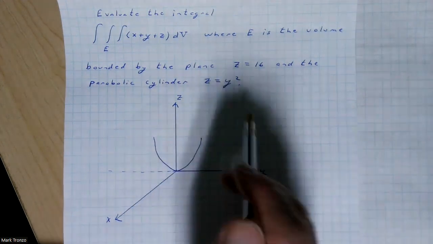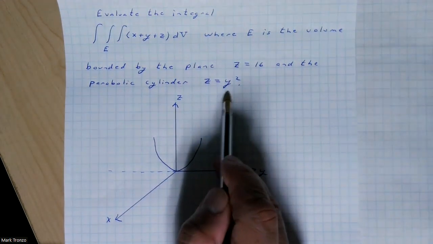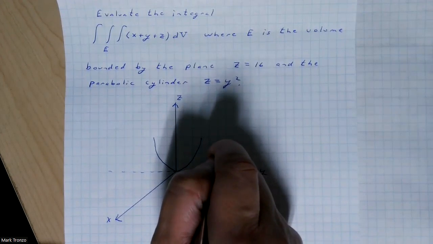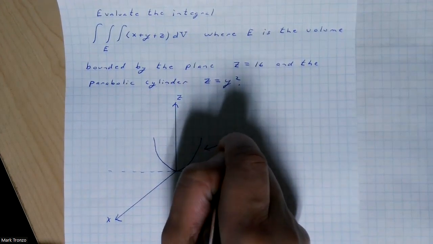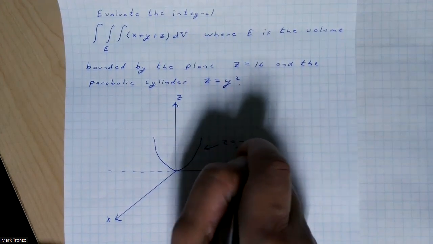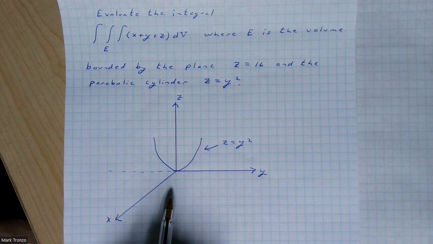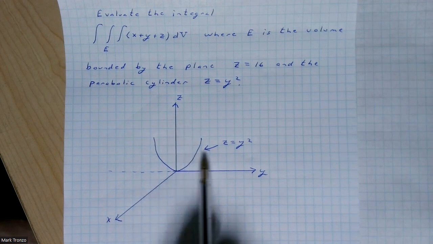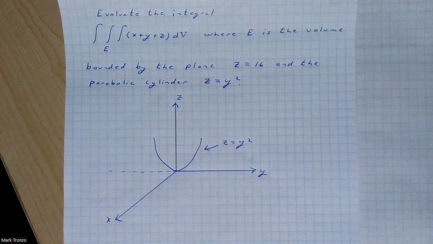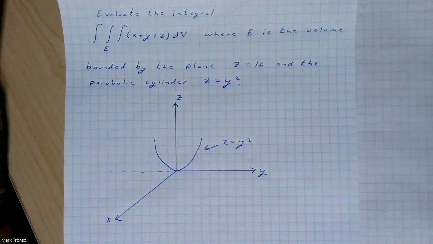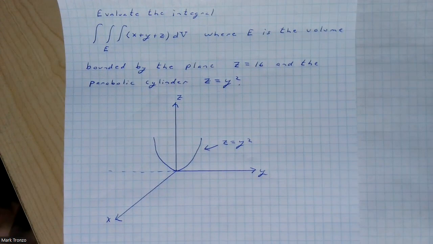So let's take a look at this. Obviously this looks like a two-dimensional parabola, z equals y squared, like that. But because we're in 3 dimensions, there should be an x somewhere. But there's no x.